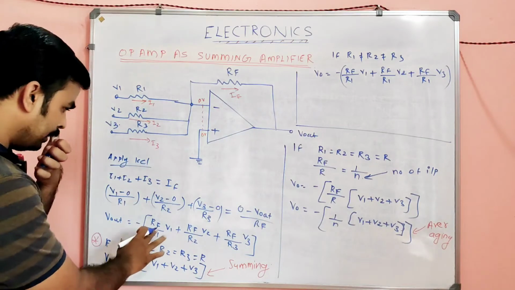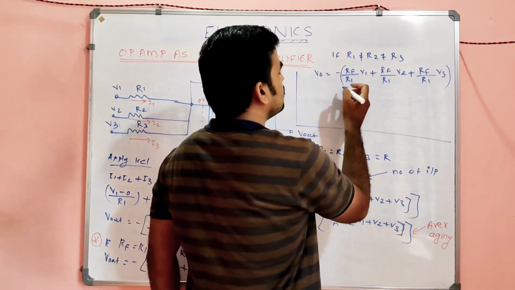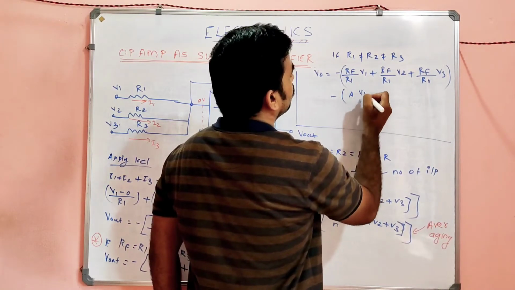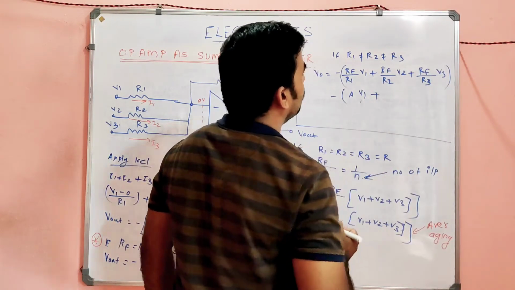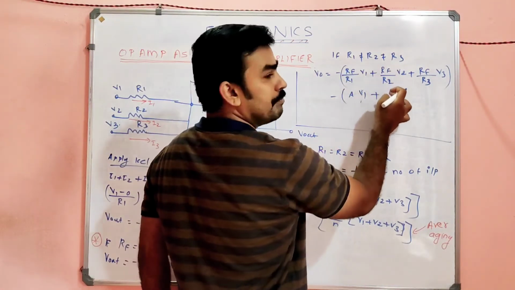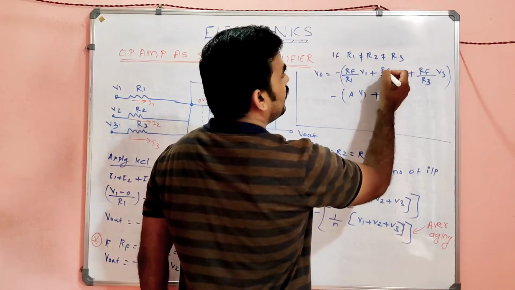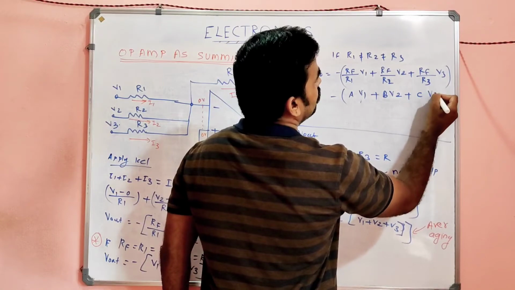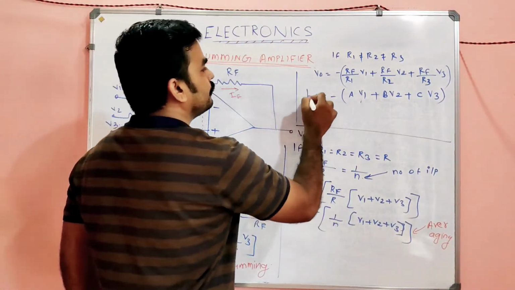Let this RF by R1 be A, and RF by R2 be B, and RF by R3 be C into V3. So what do you get now?